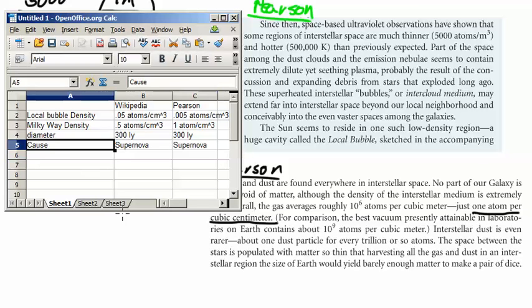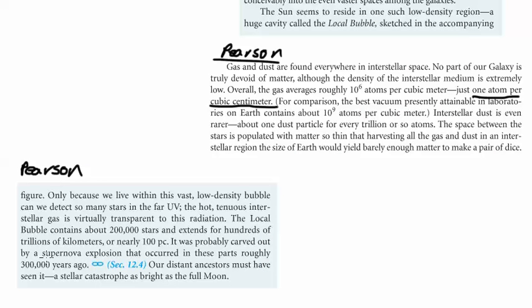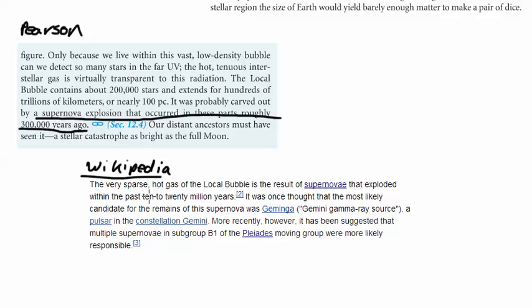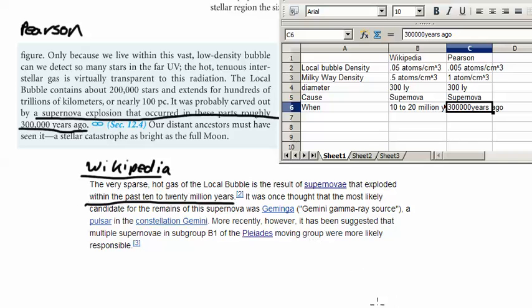Now, another point that they agree on is the cause of the local bubble, and they both agree that it was some kind of supernova, most likely. Pearson says it was probably carved out by a supernova explosion that occurred in these parts roughly 300,000 years ago, while Wikipedia says it's the result of supernovae that exploded within the past 10 to 20 million years.